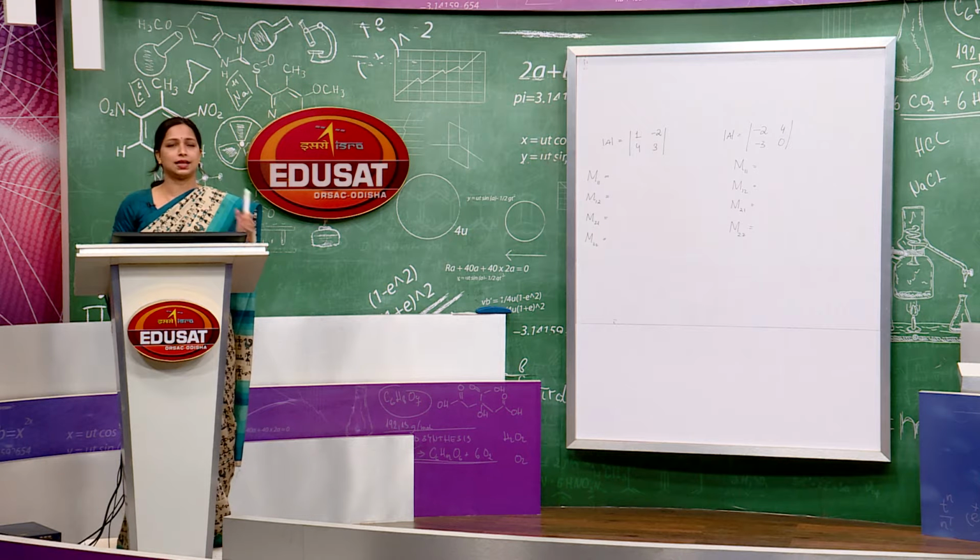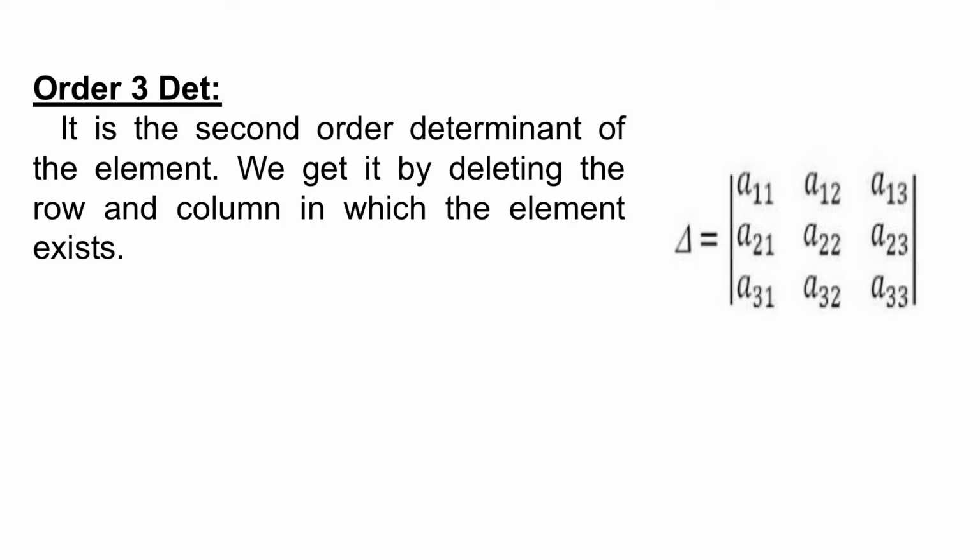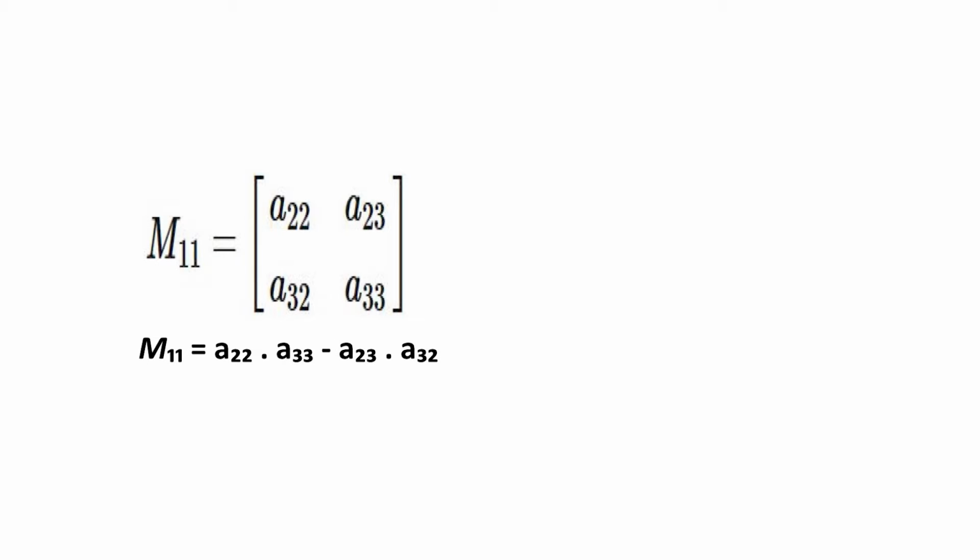Let us see how to find the minor of each element. Let us say A11. A11 lies in the first row and first column. We delete the first row and the first column, and the resultant 4 elements, A22, A23, A32, A33, form its minor. In the next slide you can see the minor of A11 is A22, A23, A32 and A33.